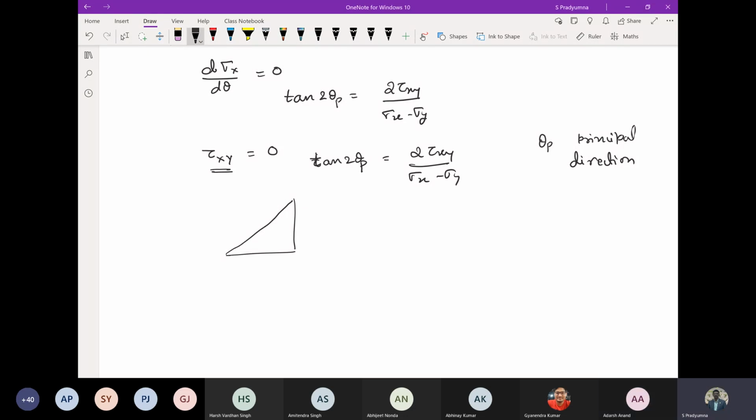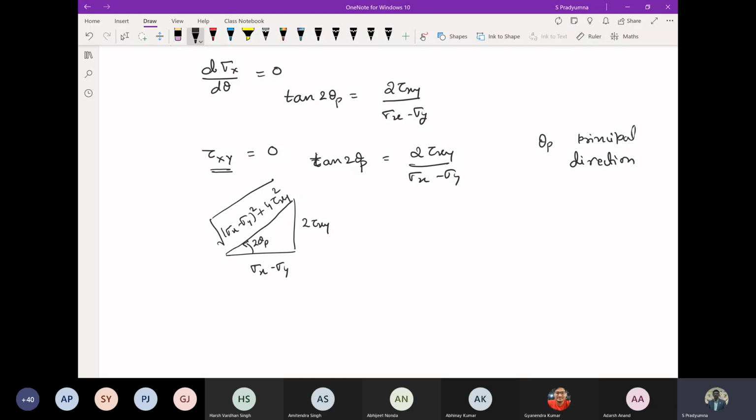Okay, fine. So if this is the value of 2 theta, then I have tan 2 theta given. This is the tan 2 theta p. So this is my 2 tau xy, and this value is sigma x minus sigma y. I can write that the hypotenuse is equal to the square root of sigma x minus sigma y squared plus 4 times tau xy squared.